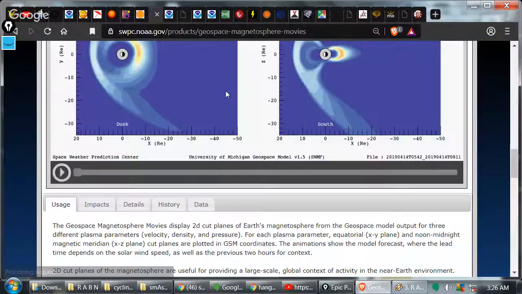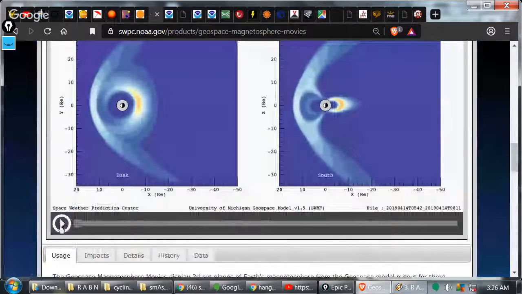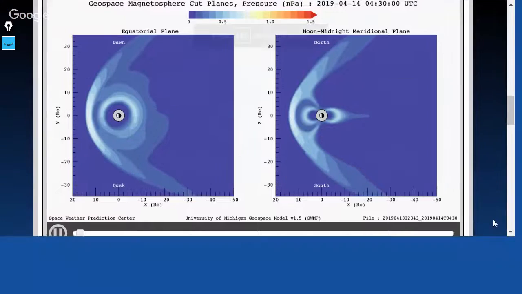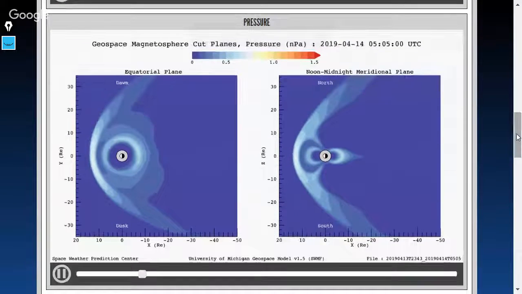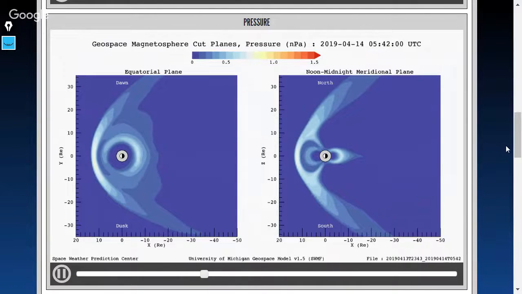Let's move on to magnetosphere movies, as my computer battles me every moment of the way. So we see a very weak magnetosphere here, and that is because of the very low solar wind speed and density. We'll let that play through.